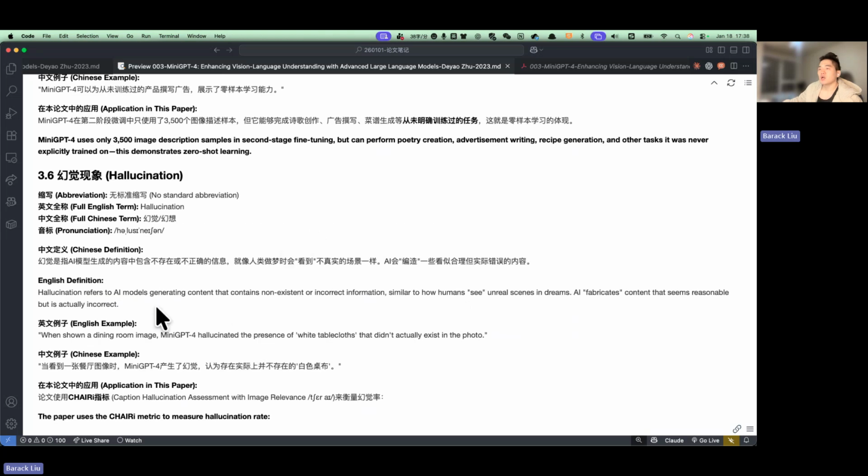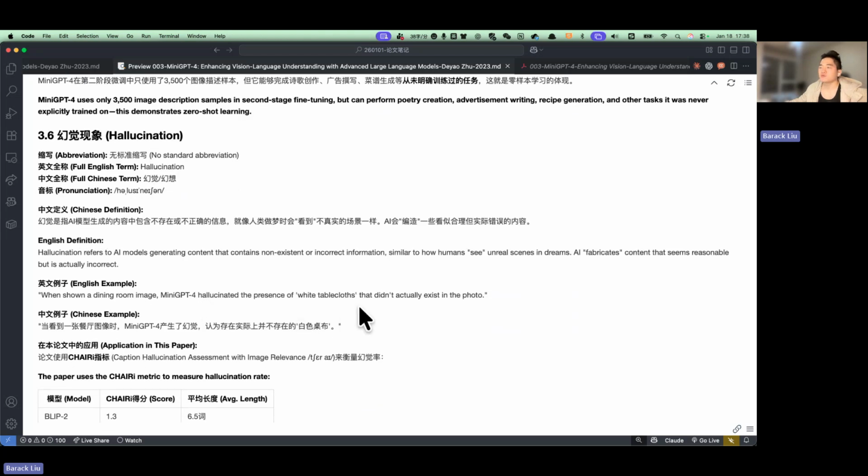Hallucination. Hallucination refers to an AI model generating content that contains non-existent or incorrect information. Similarly to how humans see unreal scenes in dreams, AI fabricates content that seems reasonable but is actually incorrect.